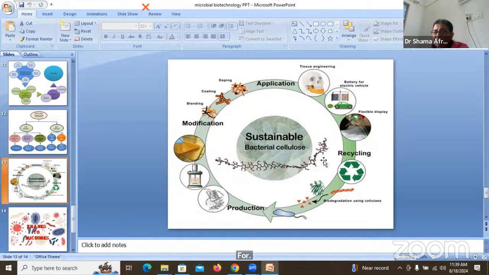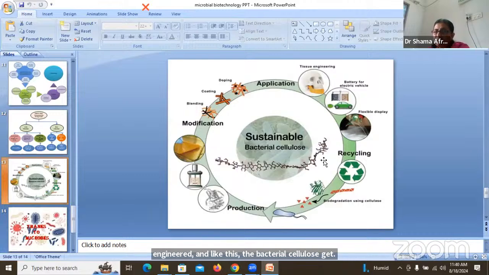And this recycling is done with the help of those bacteria which are tissue engineered. Like this, the bacterial cellulose gets recycled for various types of productions, which will be helpful in tissue engineering as well as in batteries for electric vehicles, for flexible displays, etc. And it leads to recycling, and we degrade this cellulose with the help of these microorganisms which are genetically engineered.